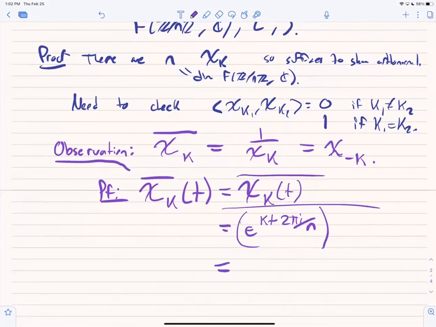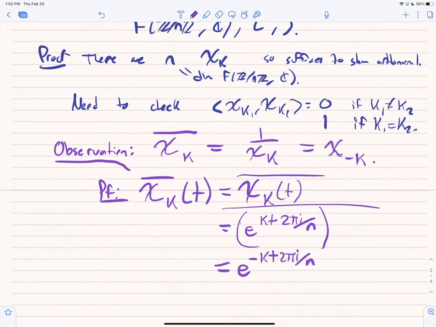This is the standard identity: when you take the complex conjugate of e to something purely imaginary, it just flips it around. So it's e to the minus kt 2 pi i over n. Complex conjugation on e to the something doesn't change the real part and just flips the imaginary part in the exponent. Minus kt.